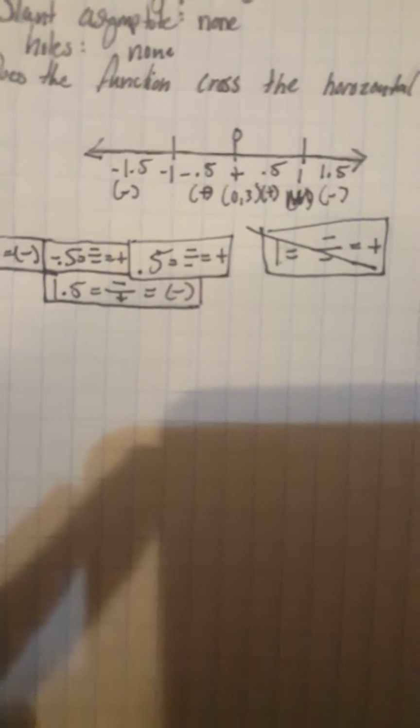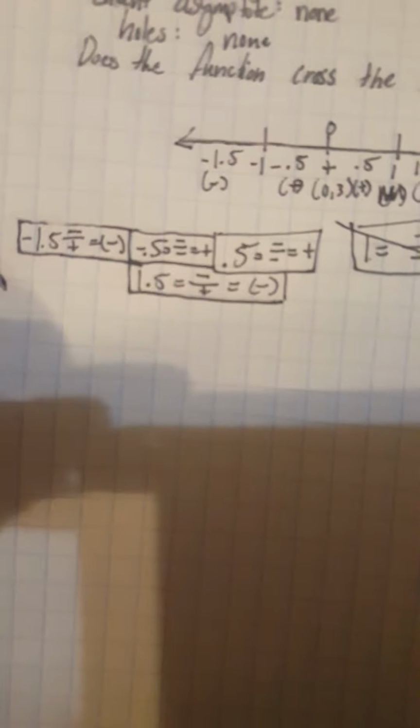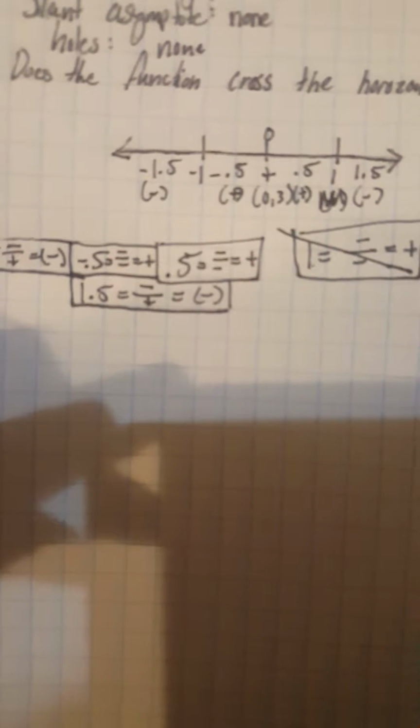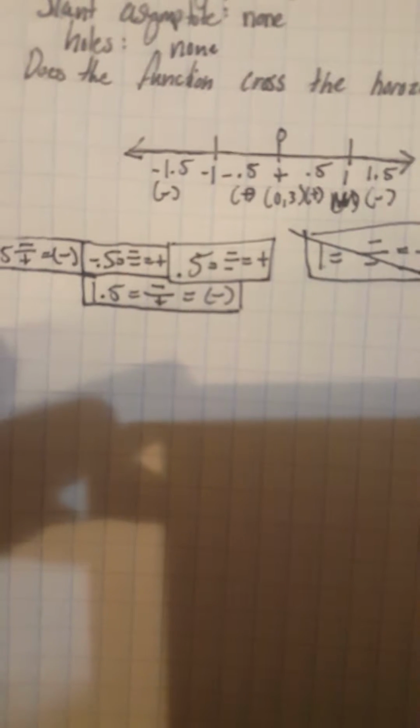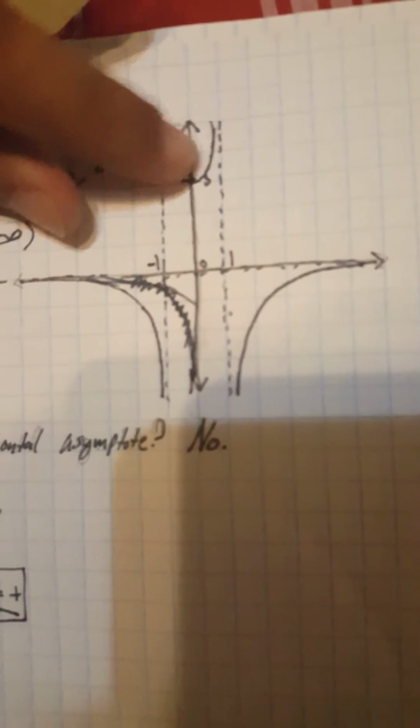Then after 0, I also had to find the end behavior of that area of the domain. So I used 0.5, which once I plugged into the equation gave me negative over negative, which came out to be positive. So I plotted it going towards the vertical asymptote as all positive values. Then finally, after the vertical asymptote at 1, I had to use 1.5.